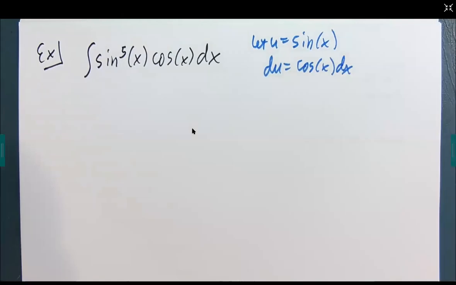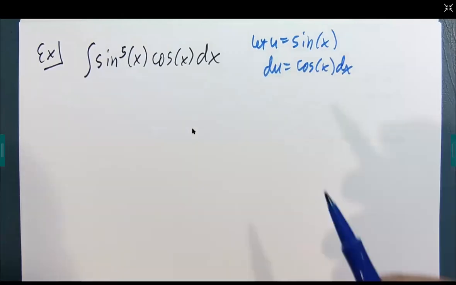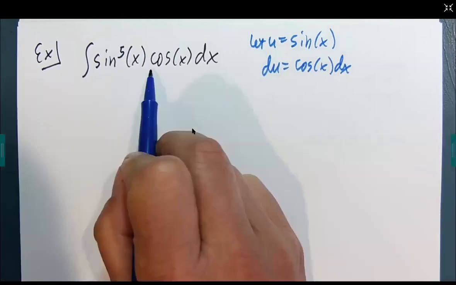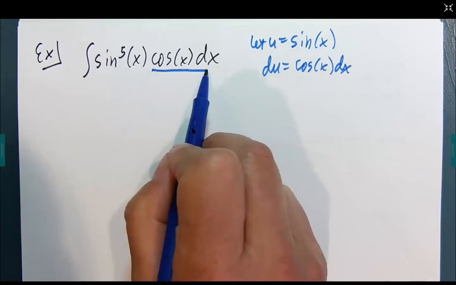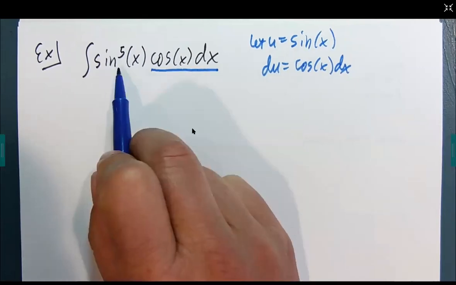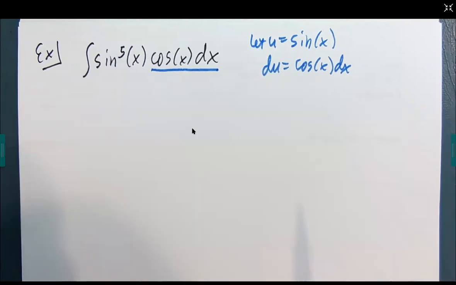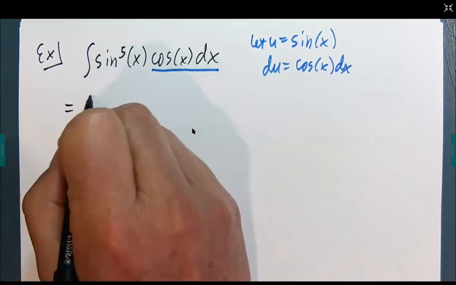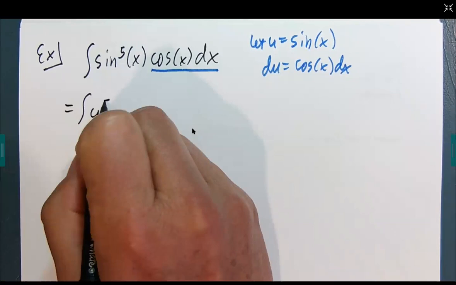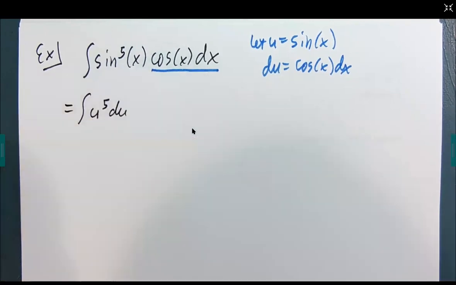And what I really want to point out here is I could see that derivative right there of sine was right there. And so that's what we're going to need to be looking for. This is why we need to know the derivatives of each of these. So this transforms this into u to the 5th du, because the cosine x dx gets replaced with the du.